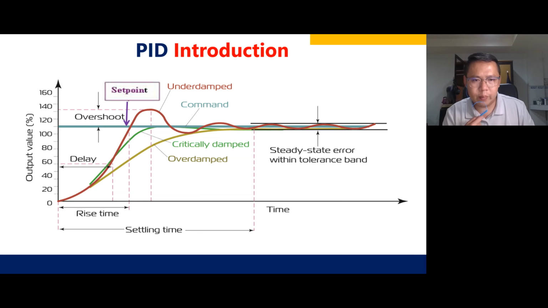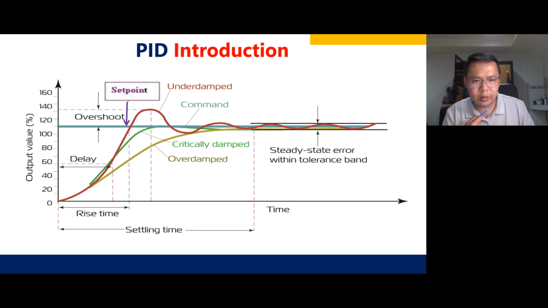Rise time means the time taken for the process variable to go from a certain percentage of the endpoint to another percentage of the endpoint. It indicates how quickly the system responds to change.